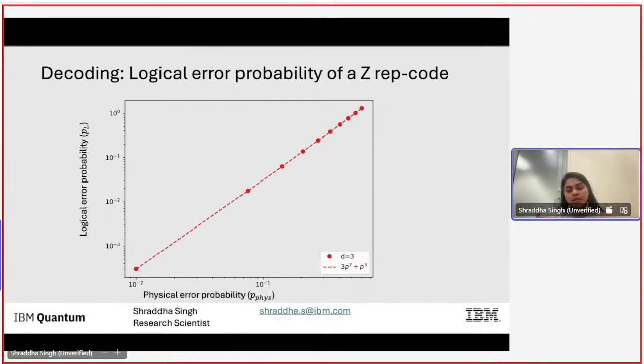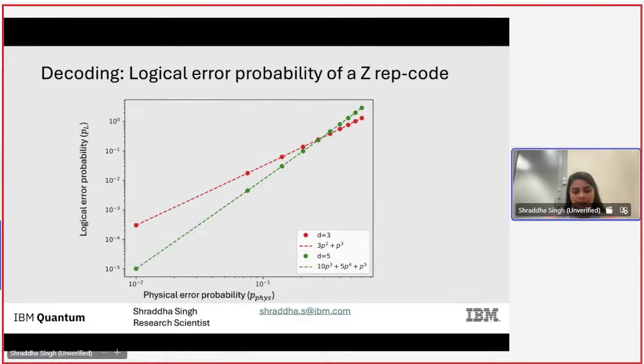If you wanted to save yourself from 2-qubit errors, I told you that you might want to go with a 5-bit string, which means a 5-qubit error correcting code. When I do that, as you can see, for d equals 5, the logical error probability is given by this dashed line, which is bounded by 10p cubed, which means 3-qubit errors can't be error corrected.